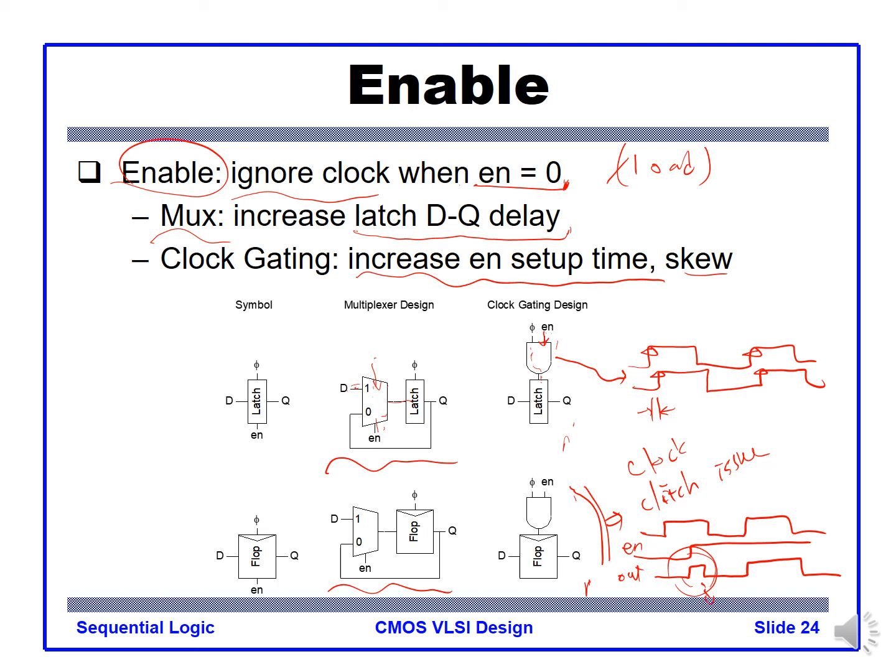Typically, when you gate the clock, we implement it using this kind of latch core, so that the enable signal happens only when the clock goes low, by adding the latch there. So we latch here, an active low latch, and the enable signal goes to the clock gating circuit.